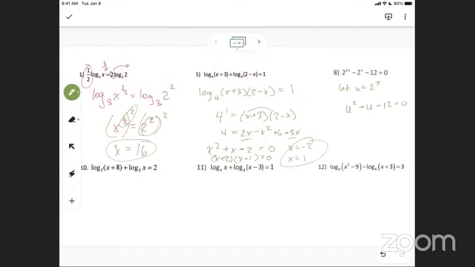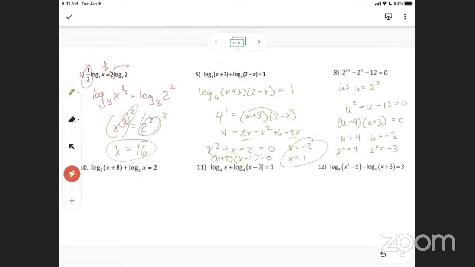You understand that? Yeah. And now this is just a quadratic, so I'm just going to solve this by factoring. This is u minus 4 and u plus 3. So u equals 4 or u equals -3. And remember, u is 2 to the x. So 2 to the x equals 4 or 2 to the x equals -3.